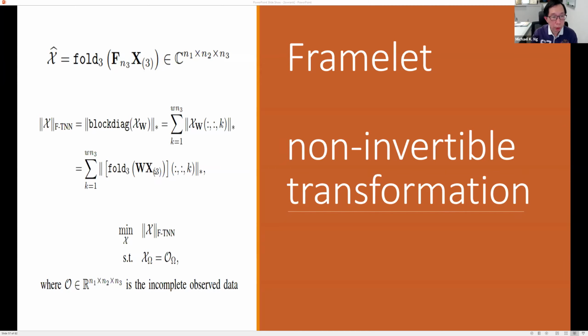After that, we do the folding back again, and we apply this SVD spatially. But of course, this is not exactly the spatial domain because you have already applied the transformation on the tubes. So in some sense, you combine both the bands and also the pixels together to get this low-rank structure.